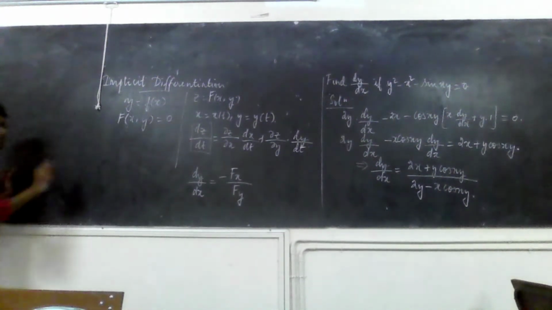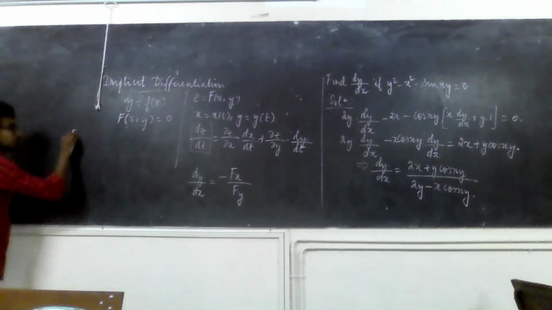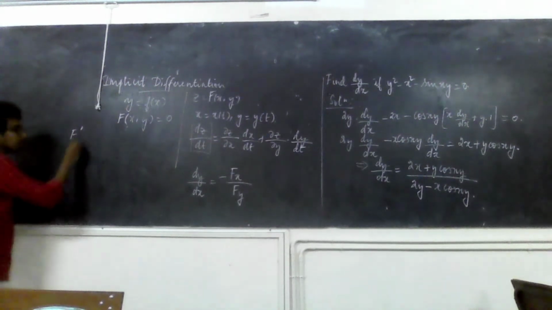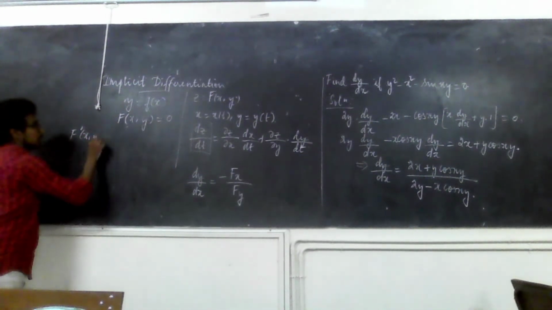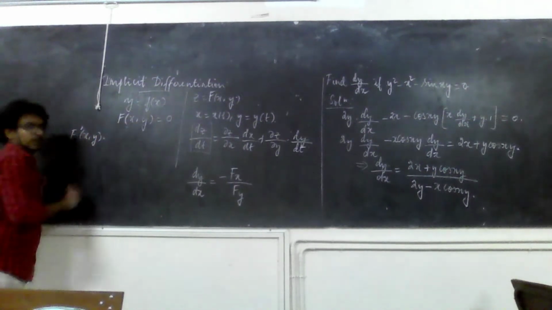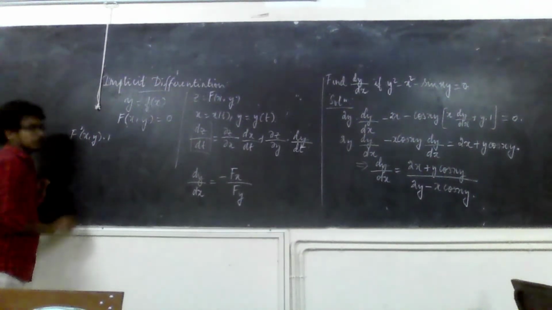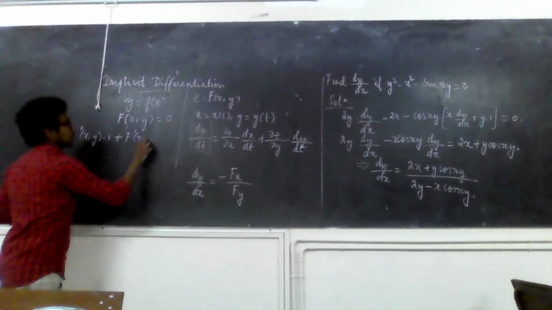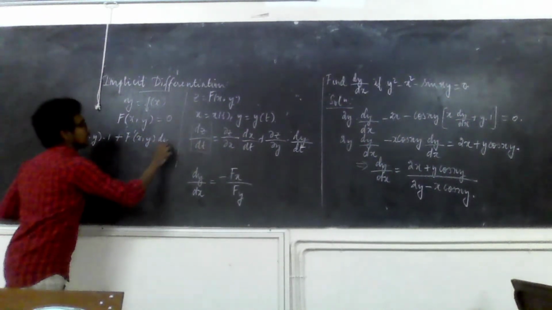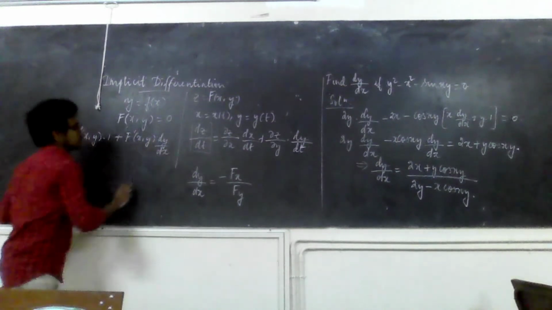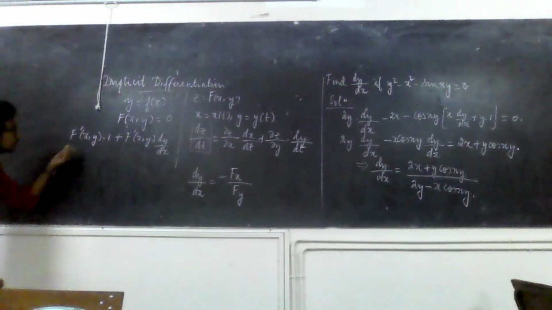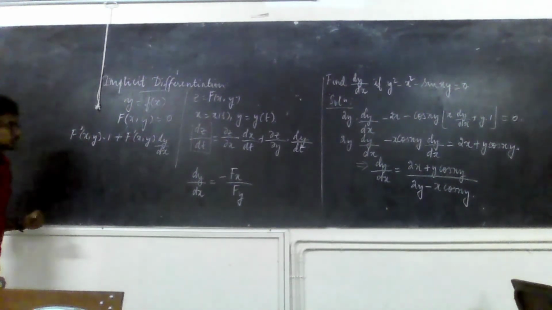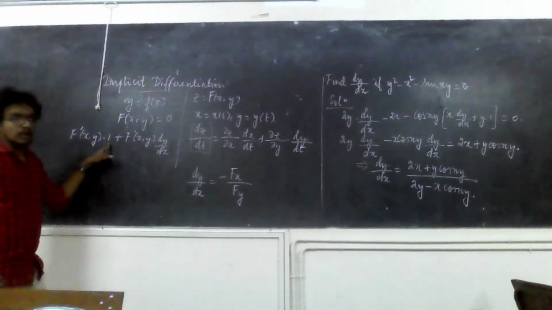What would we do? We take f prime of xy, and the derivative of x is going to be 1, plus f prime of xy and the derivative with respect to y.